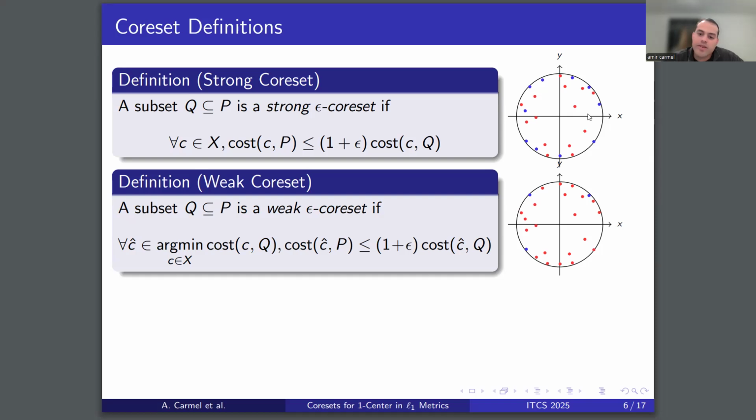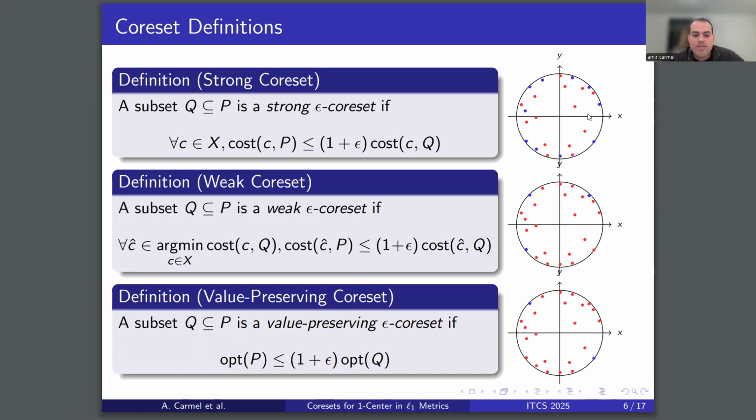Using those 3 points, we managed to find a center that encloses most of the points, that is a good approximation. The radius is a good approximation for all the points in P. Even a weaker notion than that is a value-preserving coreset. In the value-preserving coreset, we don't care about the center, but we care about preserving the radius.